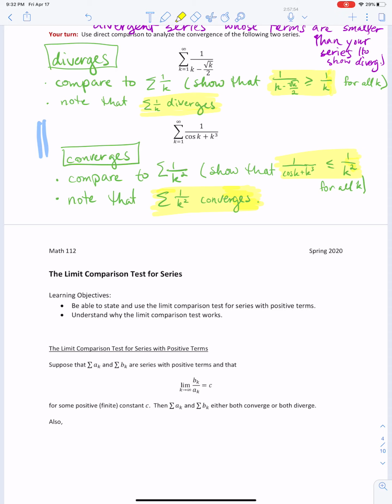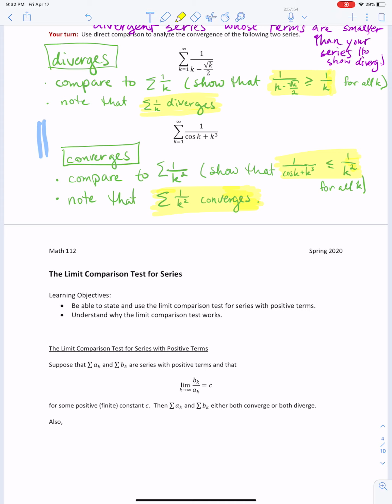We still need a comparison series, and we still need to find the appropriate one depending on whether we're guessing divergence or convergence, but in principle, there are fewer things to check here.